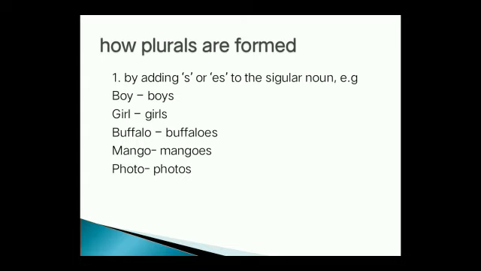You can see in these three words, boy, girl and photo, we are adding only s, but in buffalo and mango we are adding es. So you have to keep in mind that these two are the ways used to make a plural form of any noun.